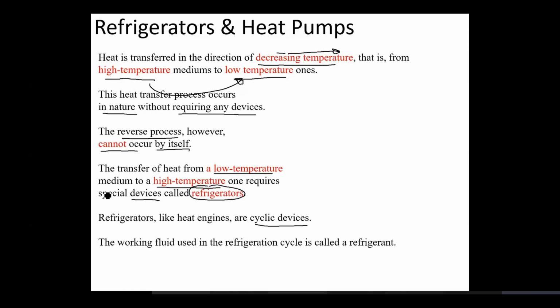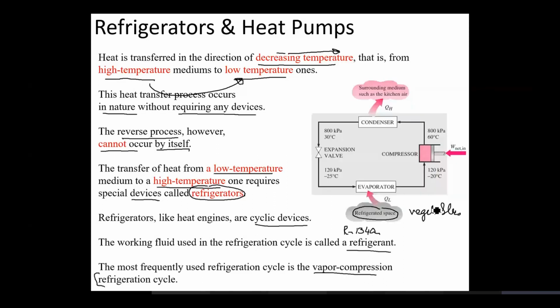Let's say I have this refrigerated space and I have brought some vegetables which are currently at room temperature, and I want to keep them cool, let's say at 10 degrees centigrade. So I'll place them in the refrigerated space. Here you have R134A refrigerant flowing in the pipes, and before entering the evaporator it has a pressure of 120 kilopascal and minus 25 degrees centigrade.